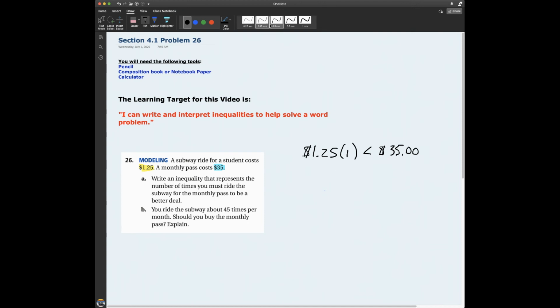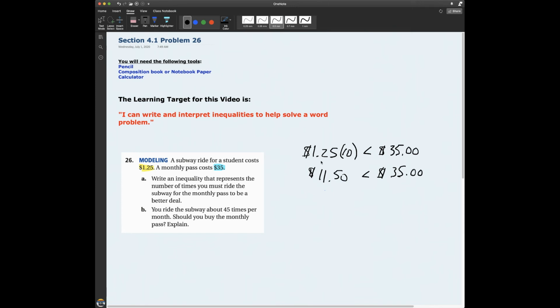What about if I ride the subway 10 times? Okay, if I ride the subway 10 times, now I'm spending $11.50, and that is still less than $35. So it would still be a better deal for me to just pay as I go.